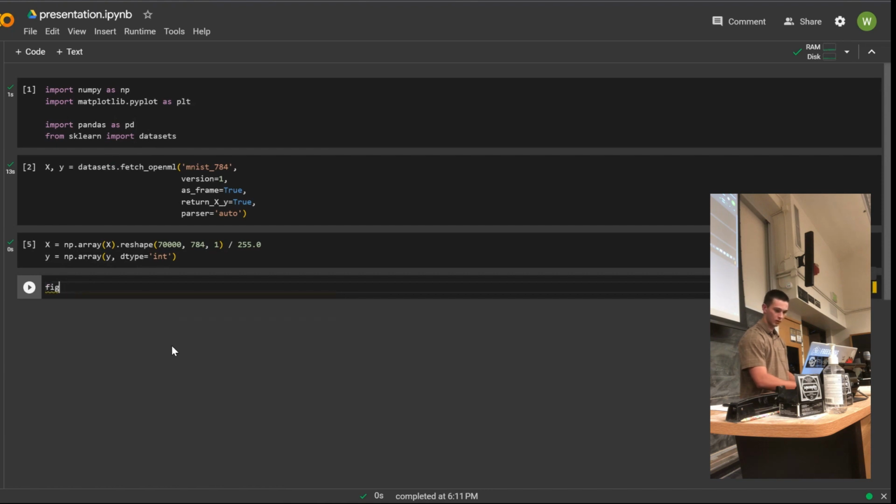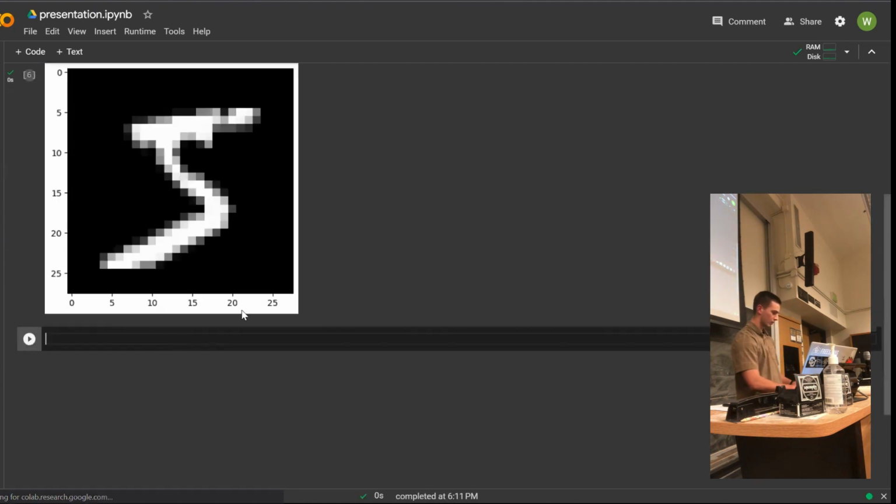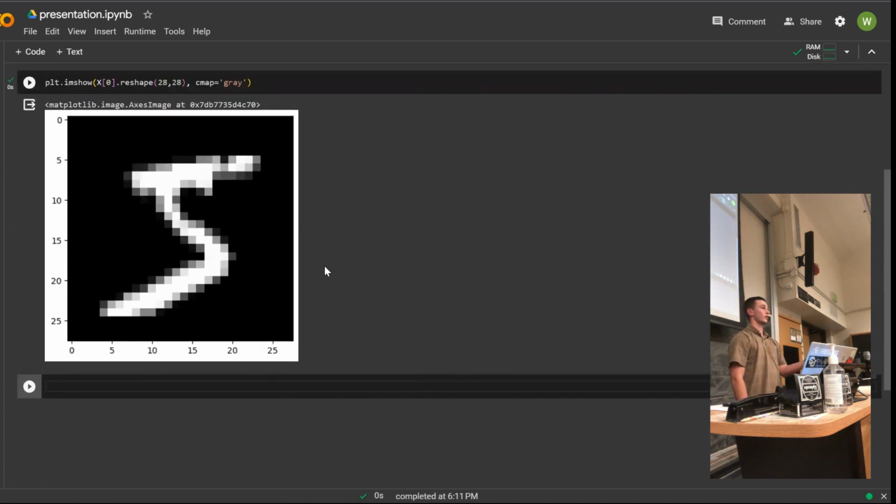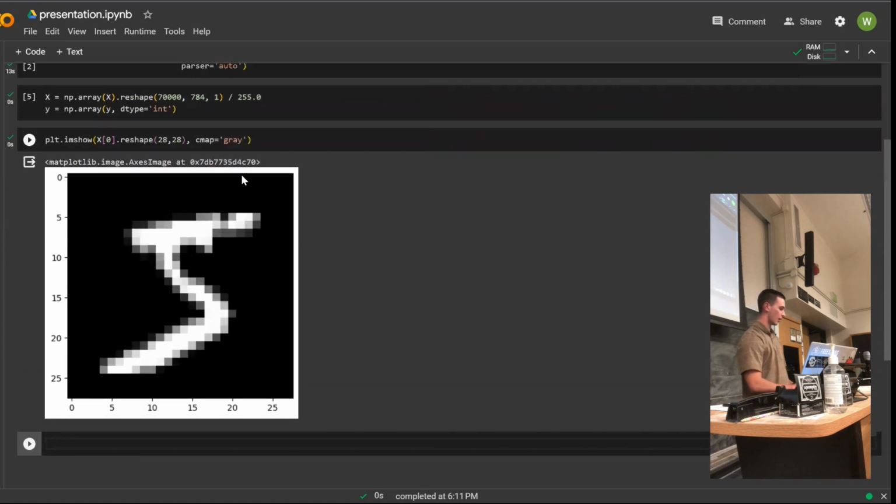And we can take a look at one of these images to see what we're working with. So voila, there is a grayscale image.